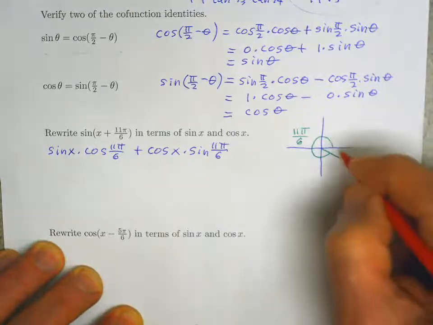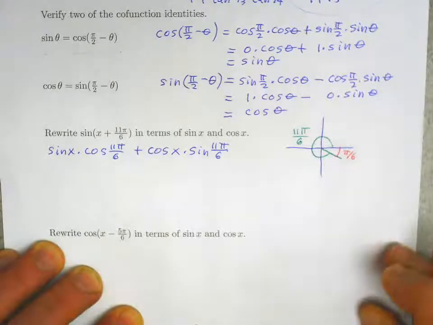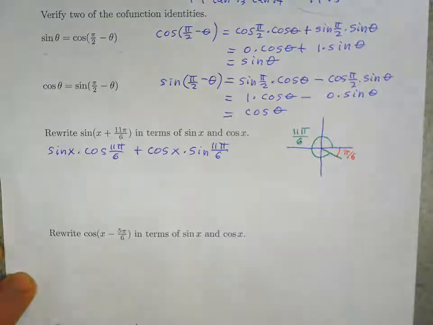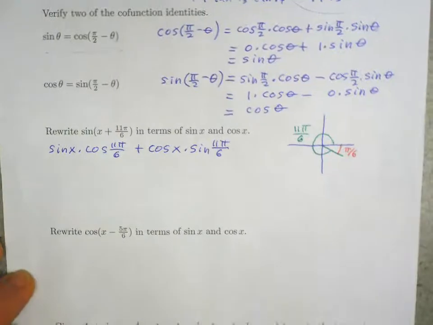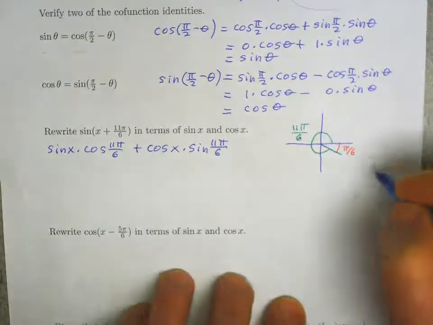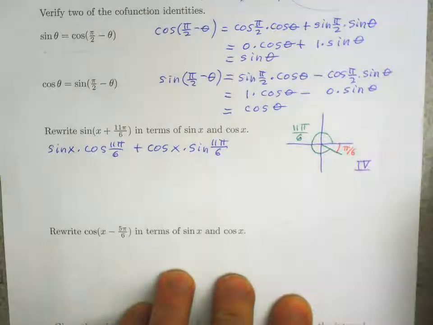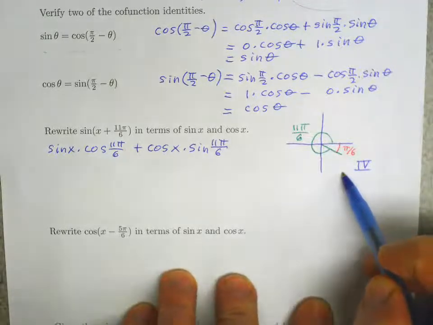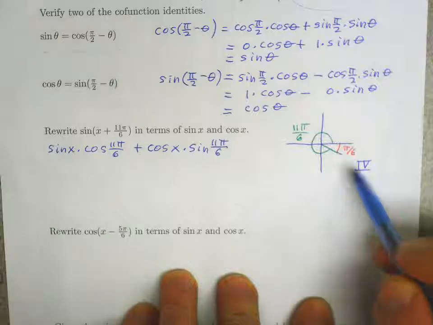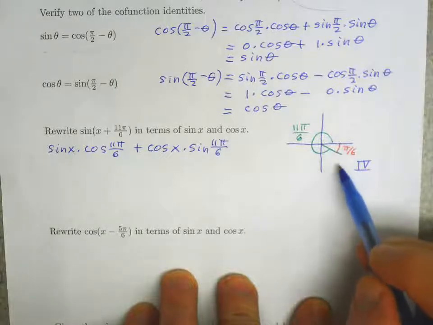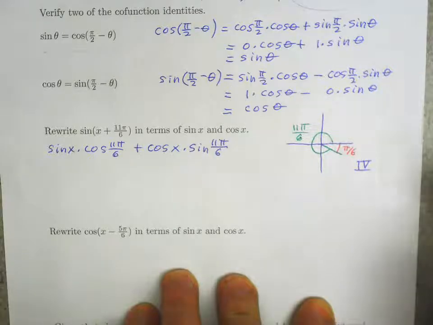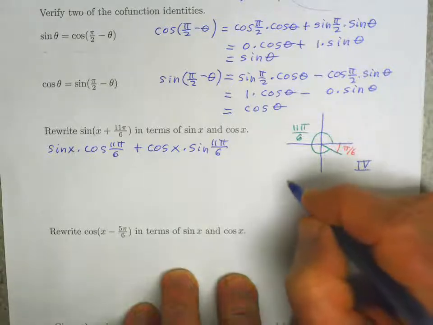And the reference angle is pi over 6. Okay, so we know that this is the fourth quadrant. So in the fourth quadrant, sine is negative because the y-coordinates are negative, but cosine is positive.